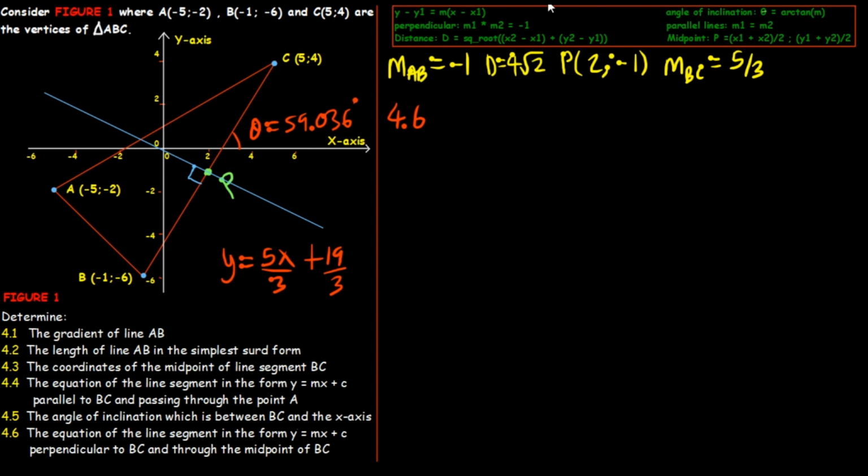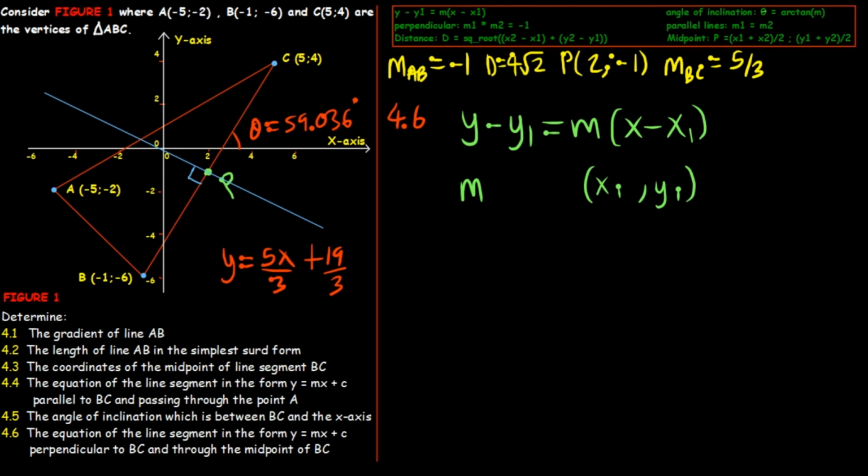The formula which we'll use is as follows, which means we'll need the gradient and a point x1, y1. The gradient of this line is determined using this formula. And for the point, we can take any point which is along this line. In this case, we'll take the point P, which we already determined, which was 2 and negative 1. Now let's calculate the gradient of this line.